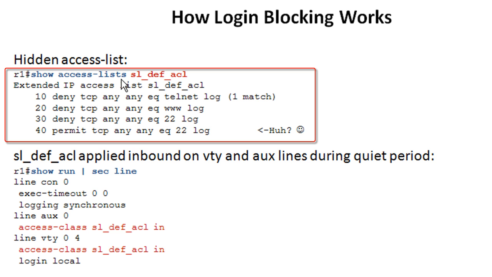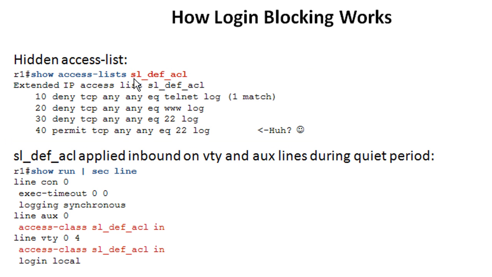But if you do a show access-list, or in this case I specified it directly with its name, it's going to have this access list that's SL_DEF_ACL, and we can see the logic behind this. It's saying, go ahead and deny any telnet sessions, deny any HTTP sessions, deny any SSH, which is TCP port 22 sessions, and then create a log message every time that you do that.